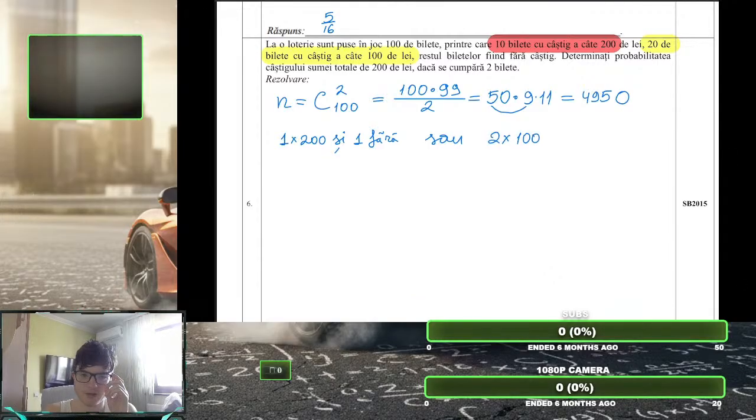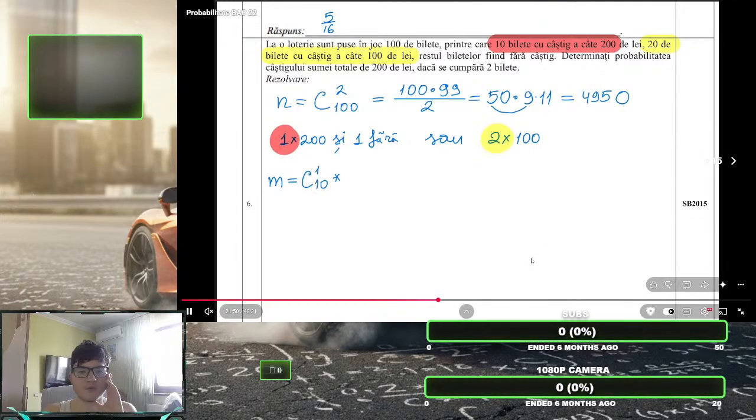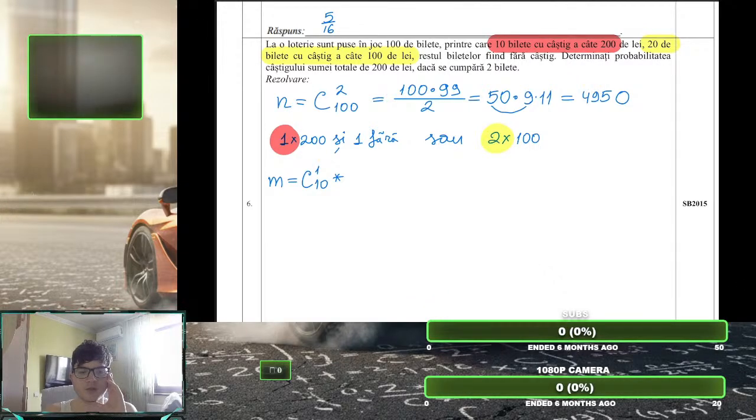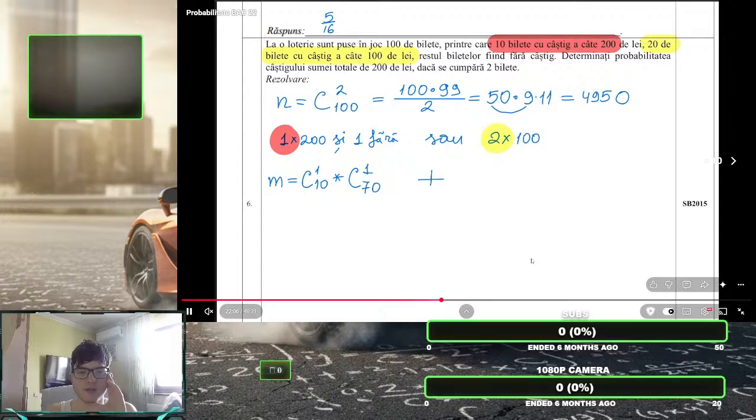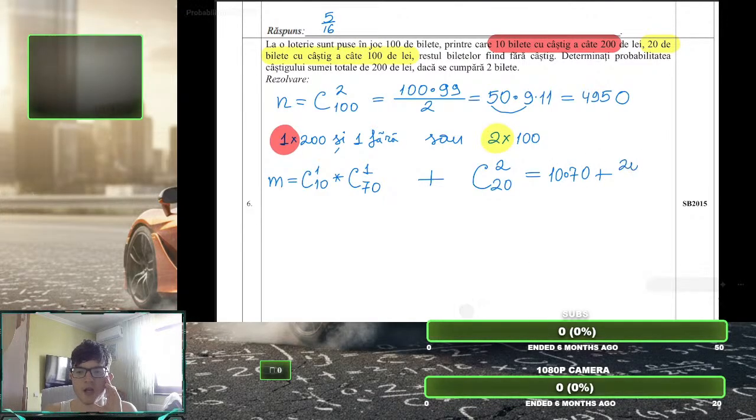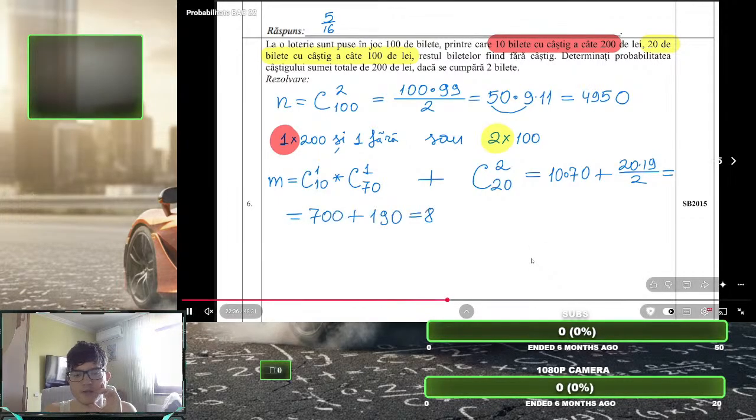Yeah, this is basically your set of probabilities, and C of 10 choose 1, which is 10 times C of 70 choose 1, plus C of 20 choose 2. So right there 10 times 70 is 700, and there it's 20 times 19 divided by 2, which obviously is 190.